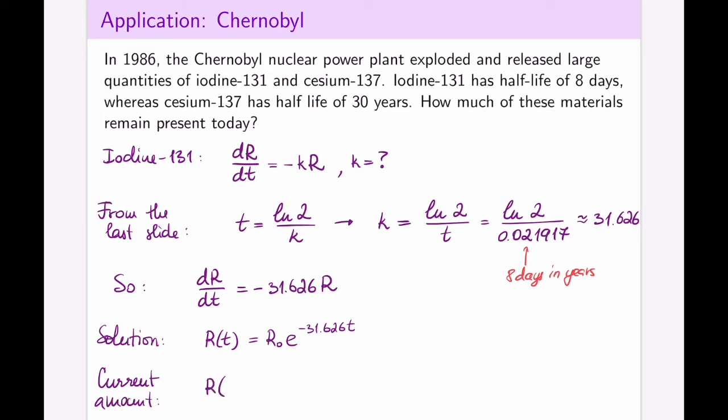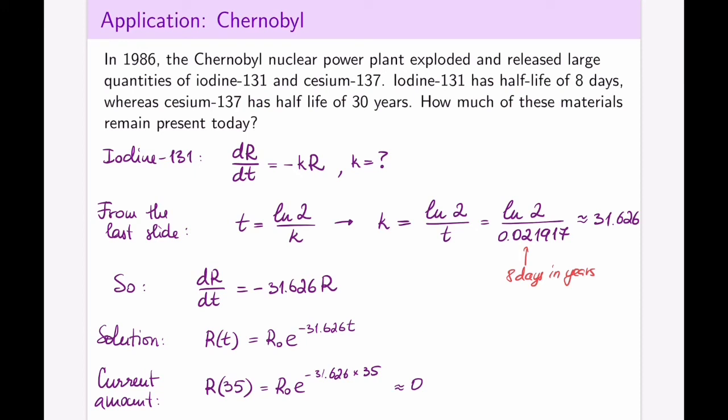Now again, because I've decided that I'm going to use years as units, I simply have to calculate years that have passed since 1986, and that is in 2021 going to be 35 years. I'm going to plug 35 in for t here. Let me write this out. So I'm going to have R naught e to the power minus 31.626 times 35 years. And then you can plug this into a calculator to figure out what number it actually gives you. And you're going to notice that this gives you 0.